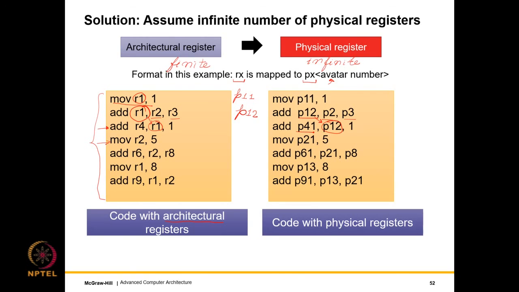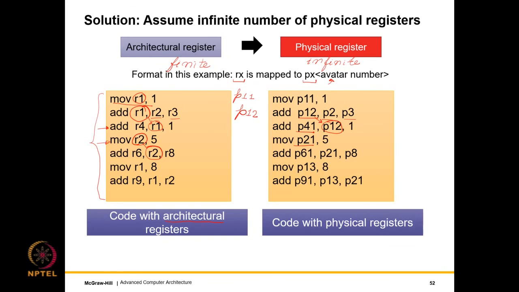Now coming to the next instruction, we are writing to R2. This is the first avatar of R2. So we move 5 to P21, right? The pattern should be clear by now. Furthermore, after a set, we have a use.